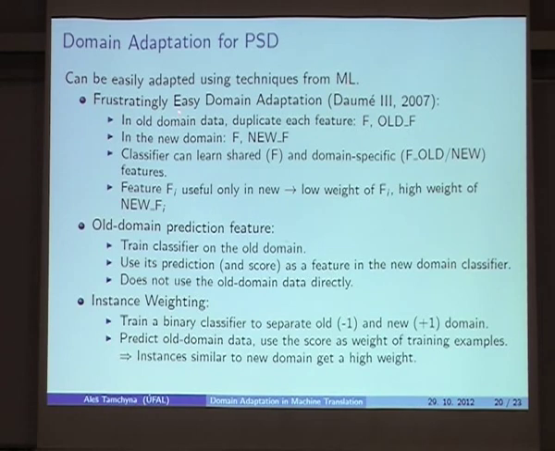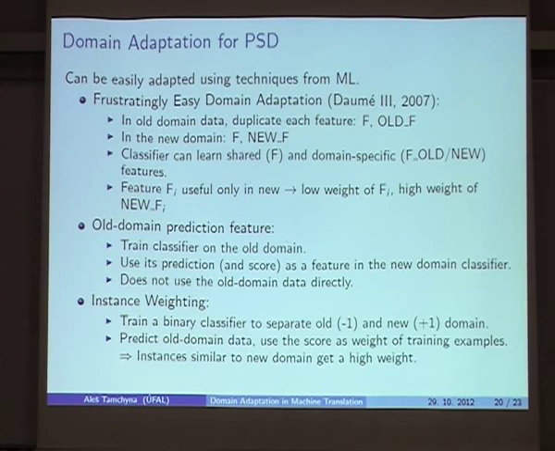You just take the features that you get from the data, and you duplicate them in the old domain. You don't only generate the feature f, but you also generate a feature like old_f. And in the new domain, you do the same, and then the classifier can learn which features can be shared and which can help you in both domains, which are generic, and which are domain specific.